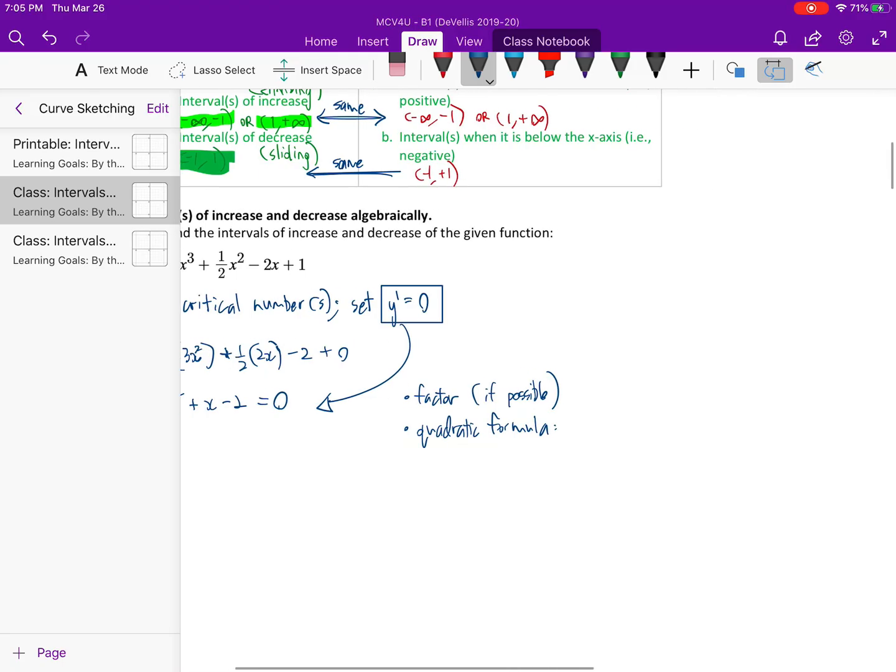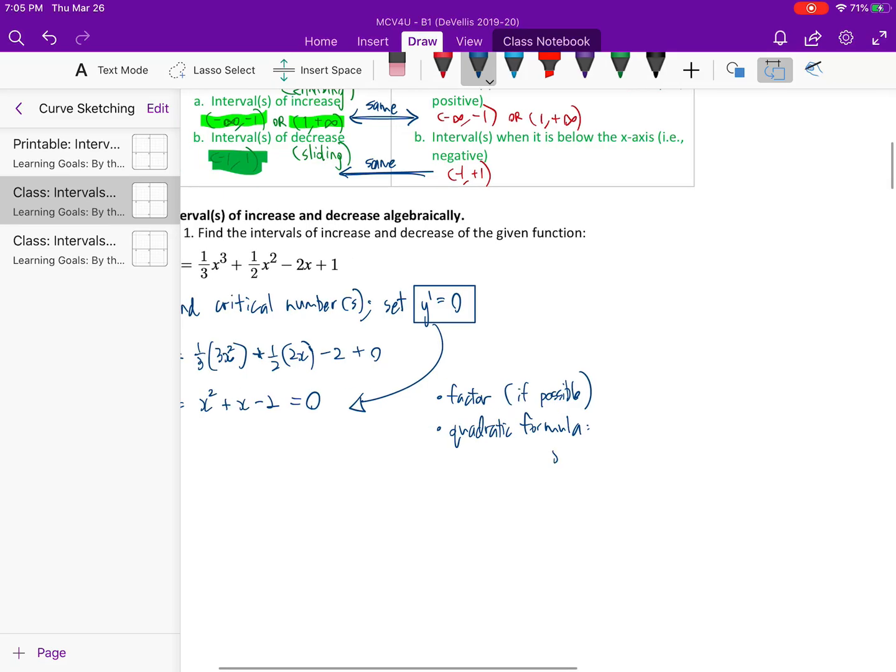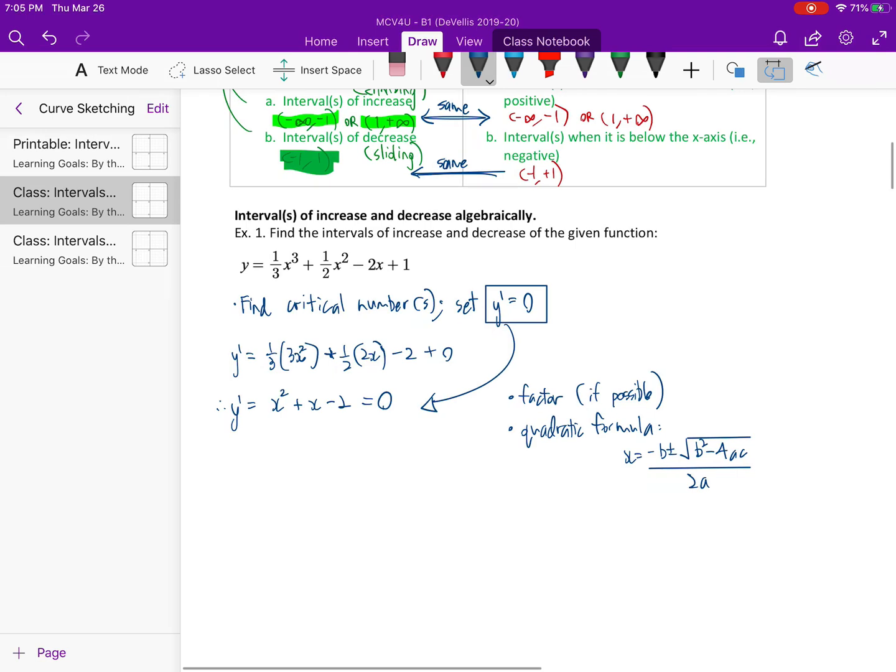And that's included in your formula booklet. So in this case, you'll get x equals negative b plus or minus the square root of b squared minus 4ac, over 2a. And there's your quadratic formula.